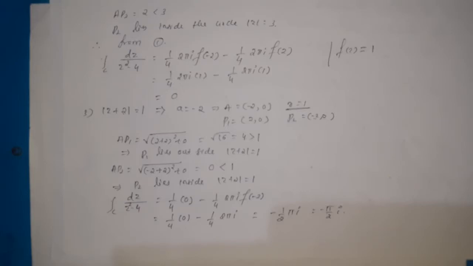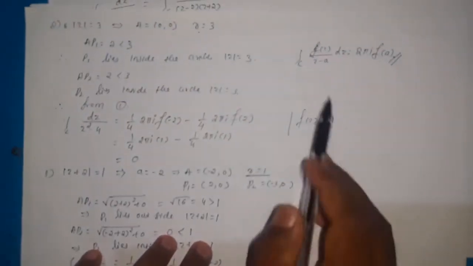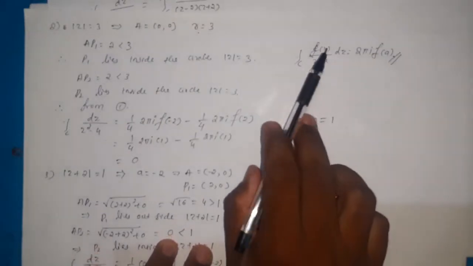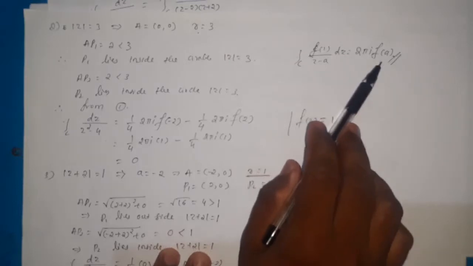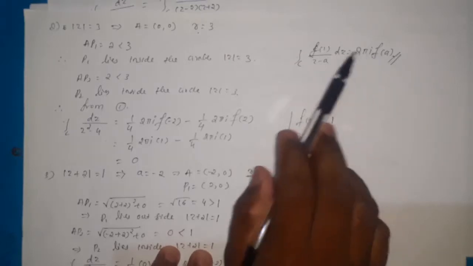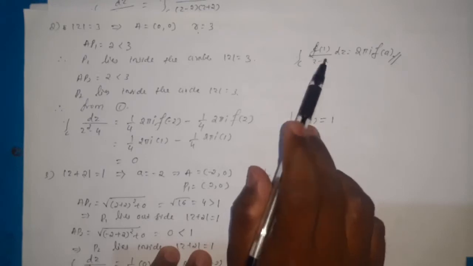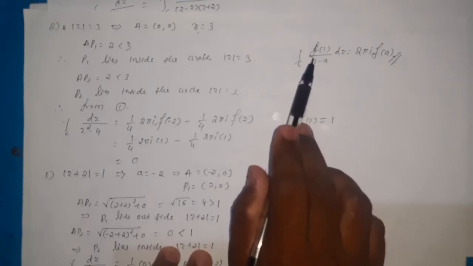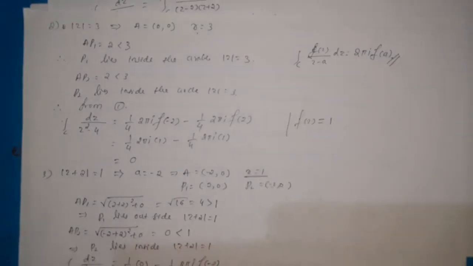If it lies outside the circle, then the value of the integral is directly 0, and if it lies inside the circle, then we need to evaluate it by using the formula integration over c f of z by z minus a into dz is equal to 2 pi I f of a, and the condition is that in the denominator the power of z must be equal to 1. If it is greater than 1, then we have to reduce that to 1 by using a suitable identity.